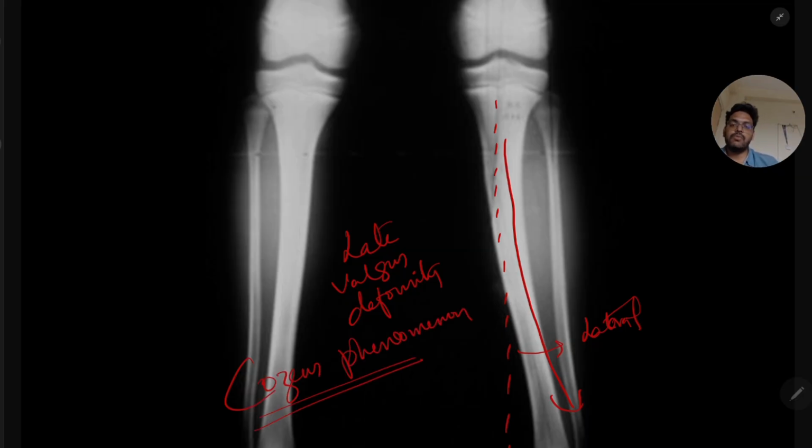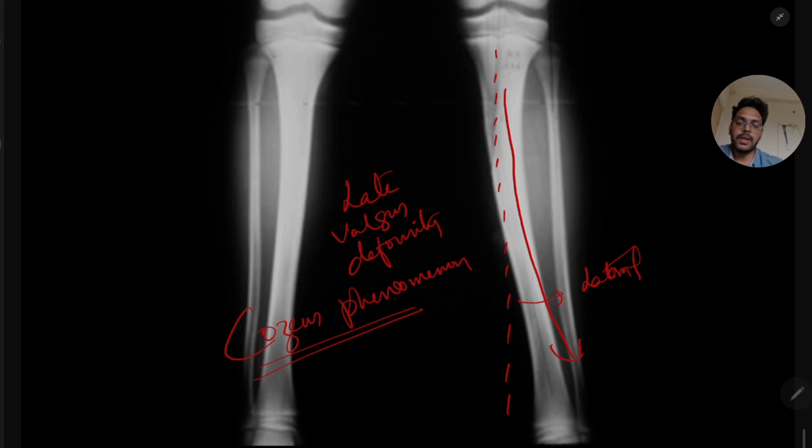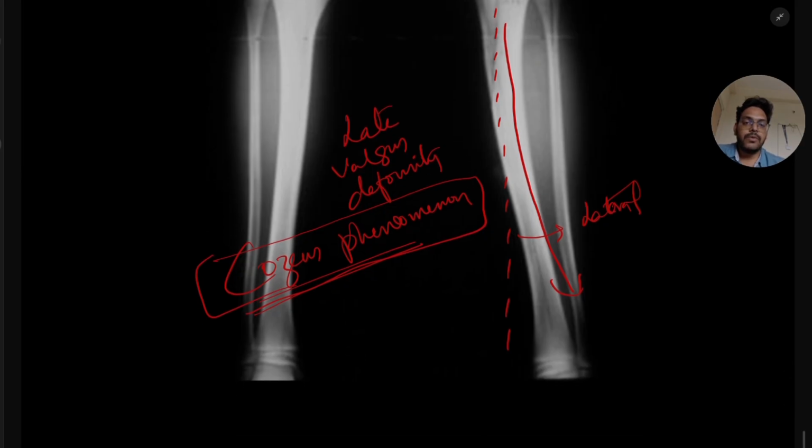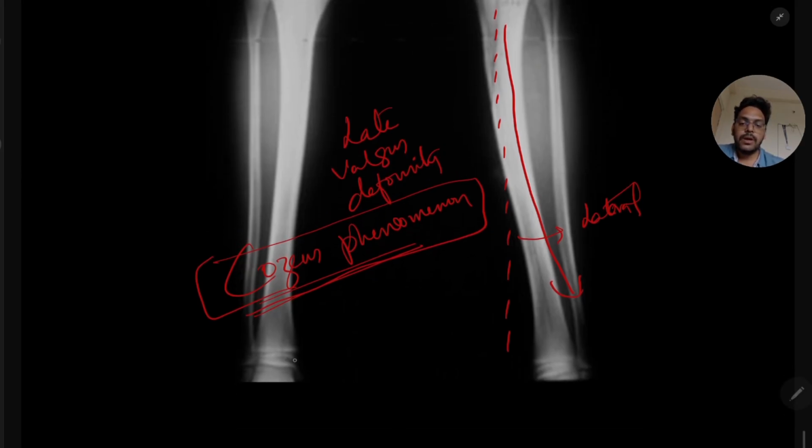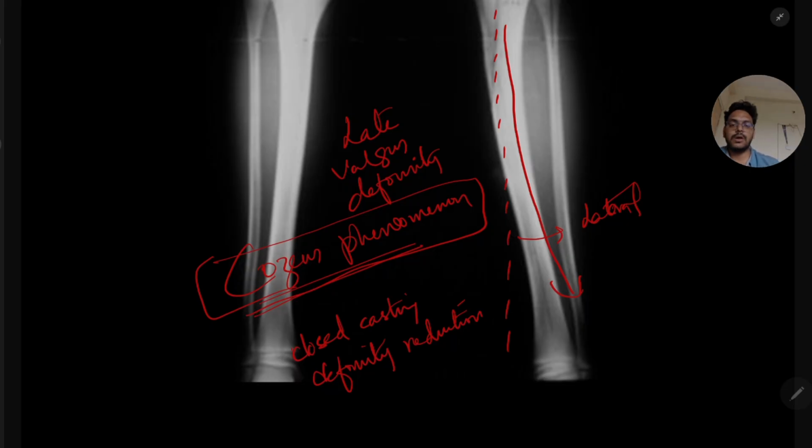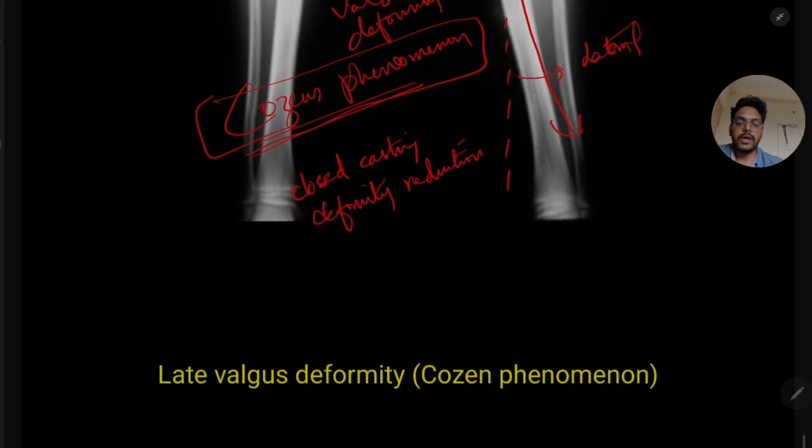That's why you have to always follow proximal metaphyseal fractures in children, because he may develop Cozen's phenomenon, and you have to prevent this late valgus deformity. How are you going to prevent it? By closed casting and deformity reduction. You need not do a surgical correction. Closed casting and deformity correction is enough.